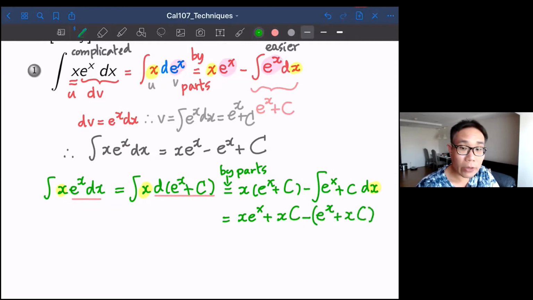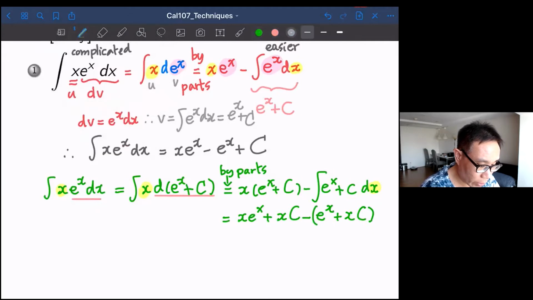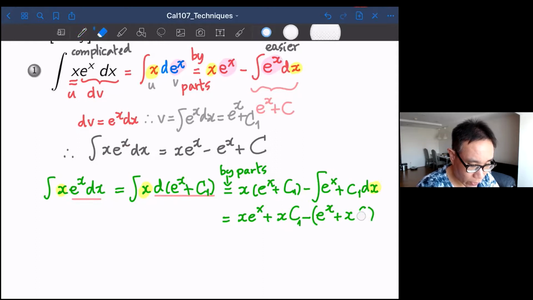In order to ease my calculation a little bit, let me change c to c1, so that there is a difference from the final c.